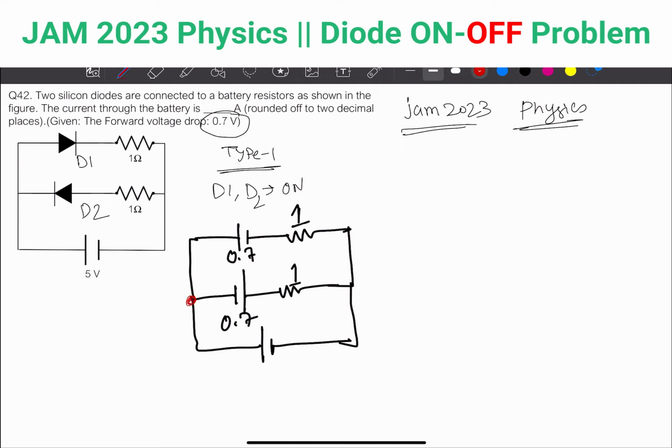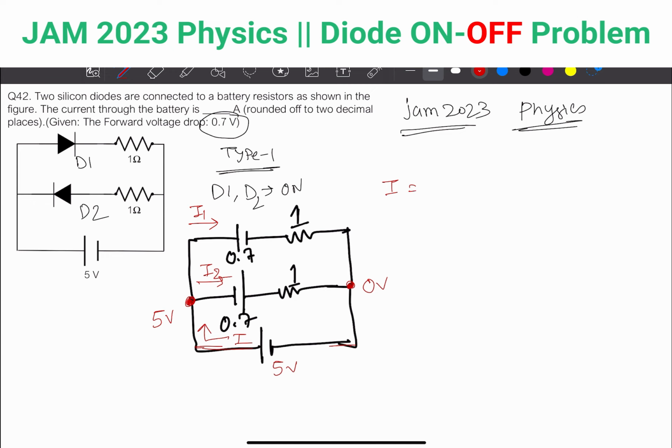This point is 5 volt, as here no resistance is there, and this point is 0 volt. I consider this current is I1, this current is I2, and this current is I. So I is equal to I1 plus I2.